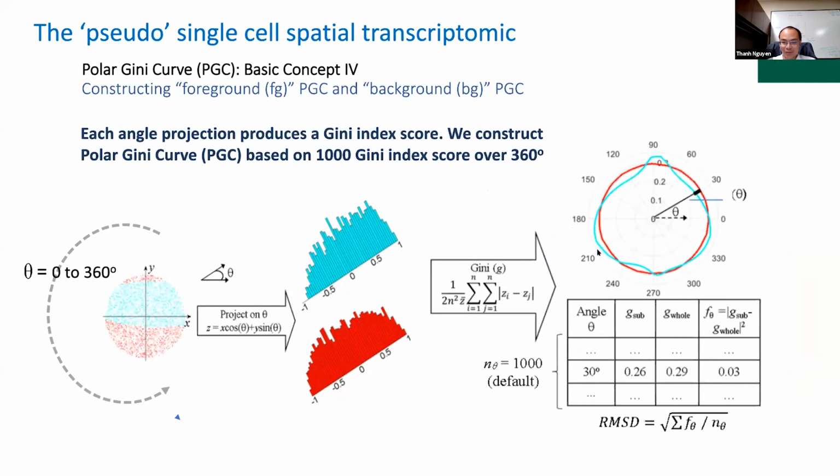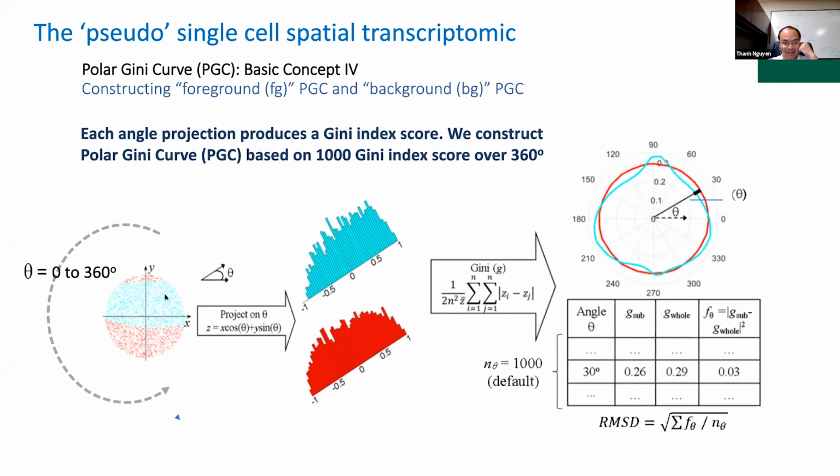After doing so, we can plot them into a polar curve for each subset, such as the whole cluster here in red. We project them into an angle, and then we have one distribution. From the distribution here, we compute an angle, and obviously for the whole cluster, because of the circle shape, we have a circle.